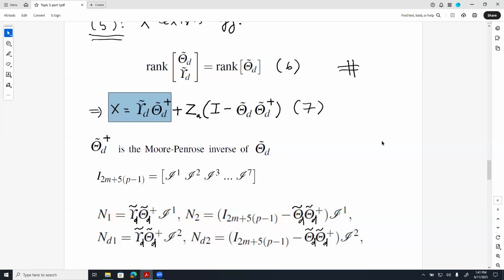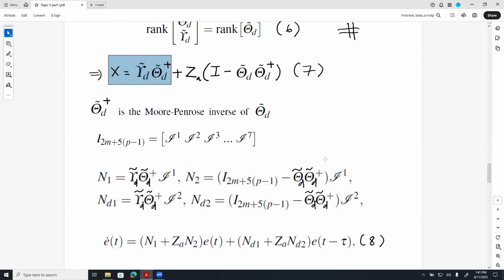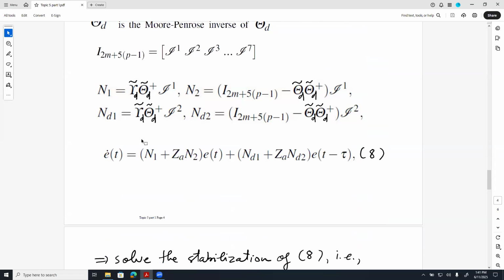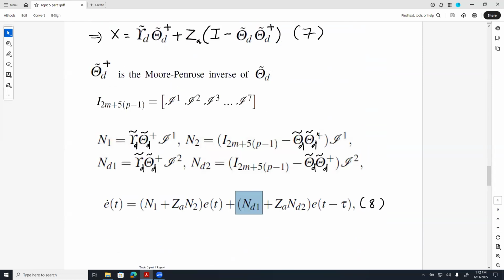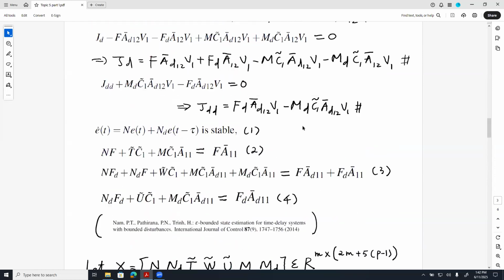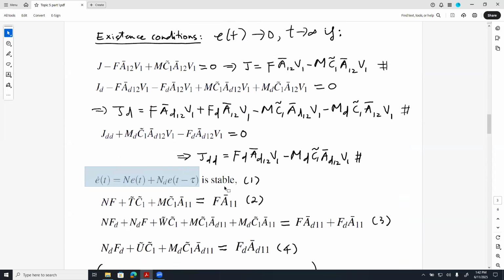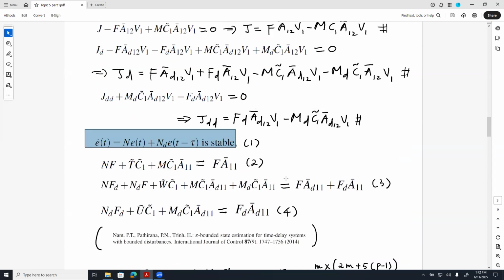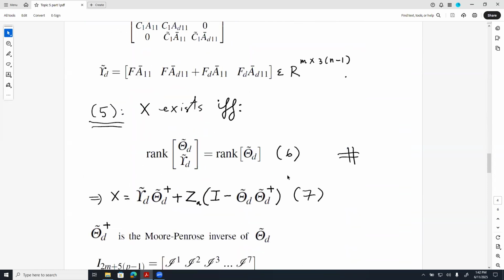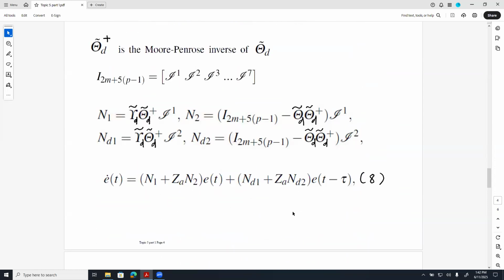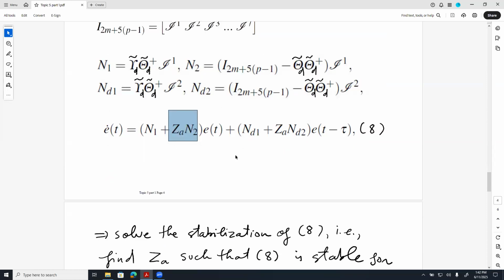There are situations where that happens, but as long as we can ensure that the error time delay system involving N1 and ND1 is stable, that is also okay because we can guarantee that the error goes to zero, as long as it's stable. It would be nice to have it go to zero in a quicker time, and when that term there is non-zero, we can actually achieve that.